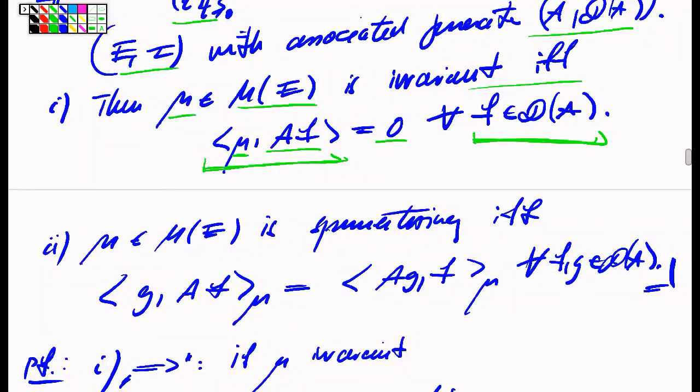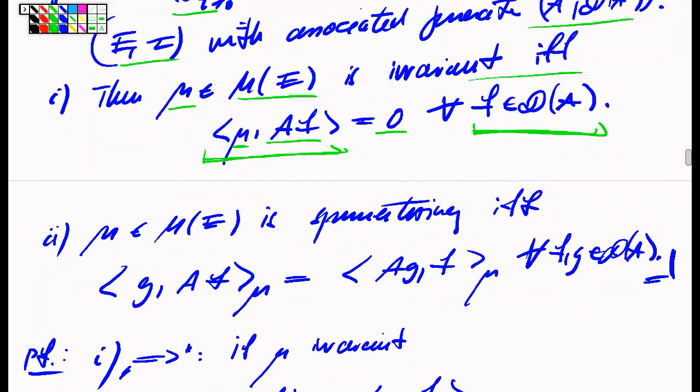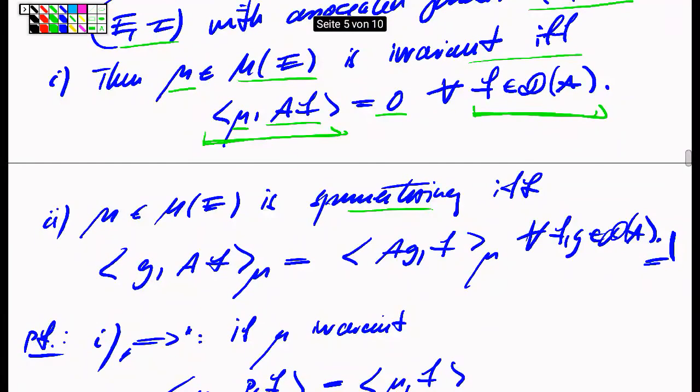And a sufficient and necessary condition for the measure mu to be symmetrizing is a similar condition, namely that for all functions f and g in the domain of the generator, the following bracket vanishes: if I integrate g against Af, that is the same as Ag integrated against f.